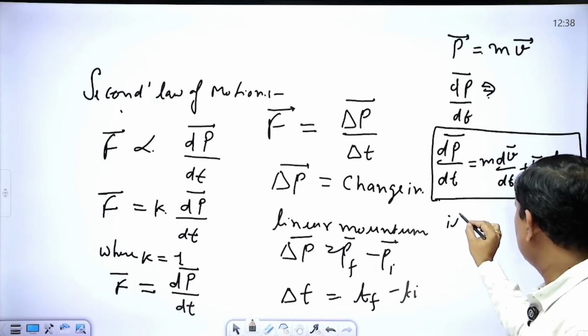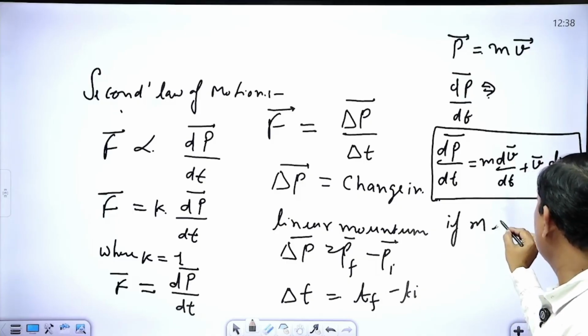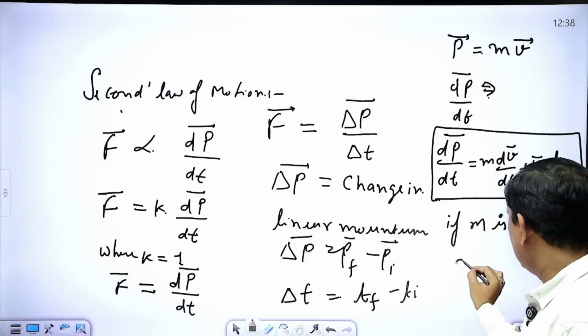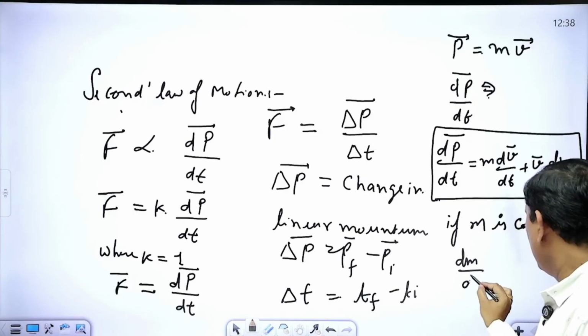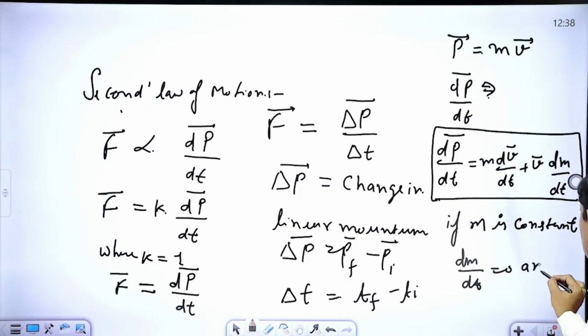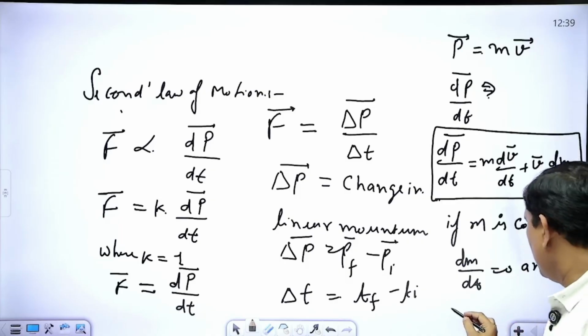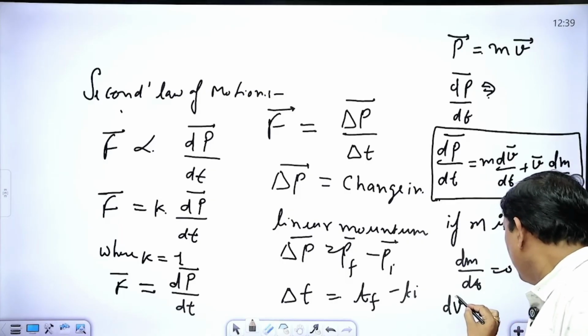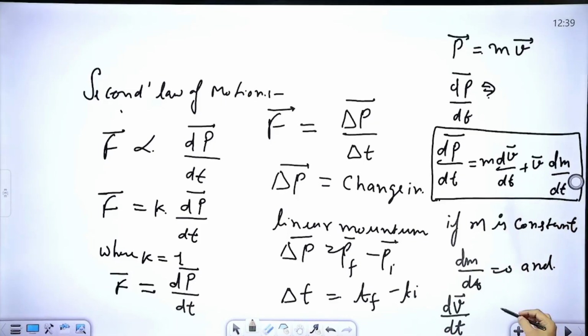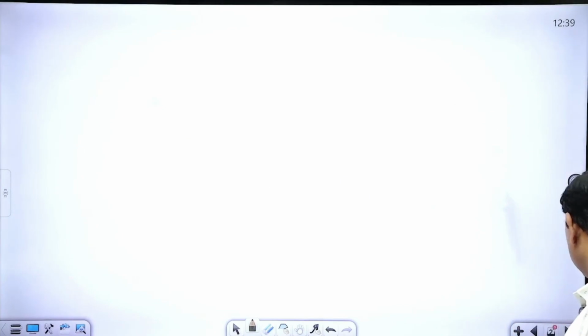If m is constant, then dm upon dt equals 0, and we write dv vector, the differentiation of the velocity vector with respect to time, equals the acceleration vector.